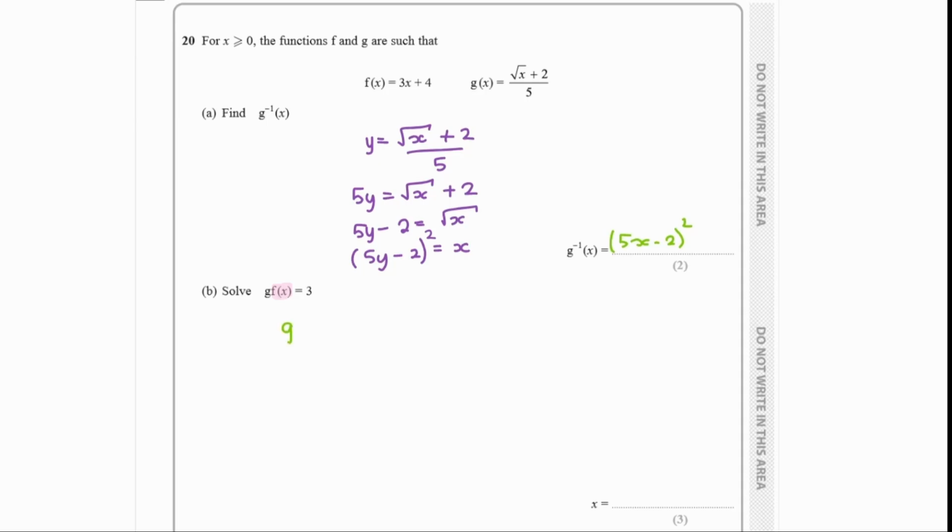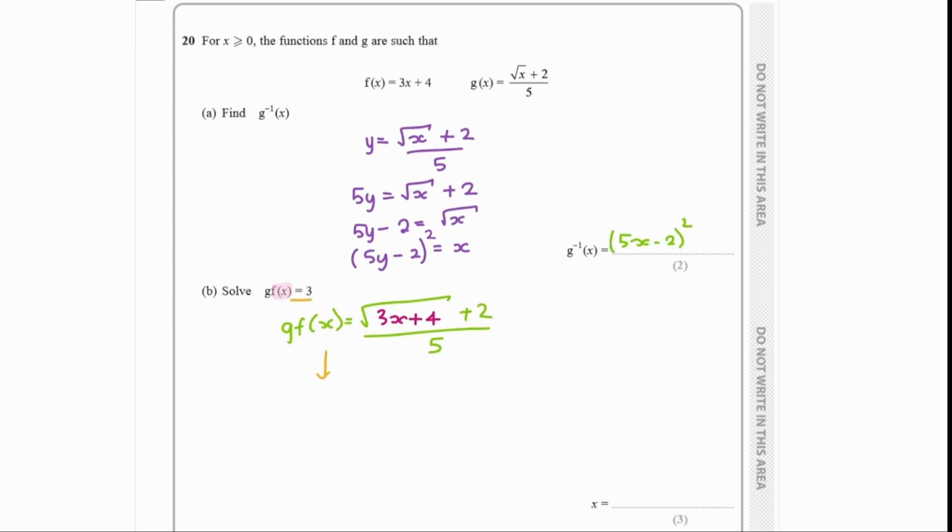So our g function is the root of x, but this time, instead of x, we are going to put 3x plus 4, which is the f function, and then we are going to put the plus 2 and over 5. The gf of x is equal to 3 in this question, and that's what we have to solve.